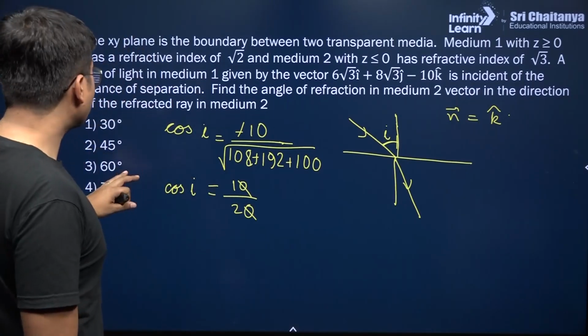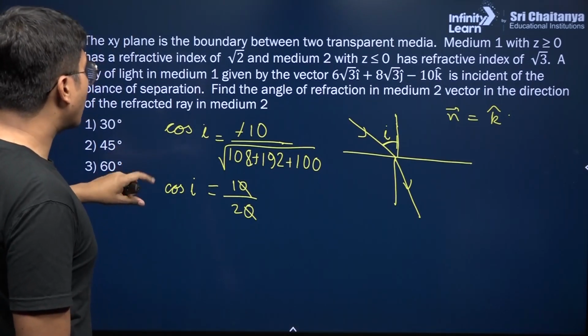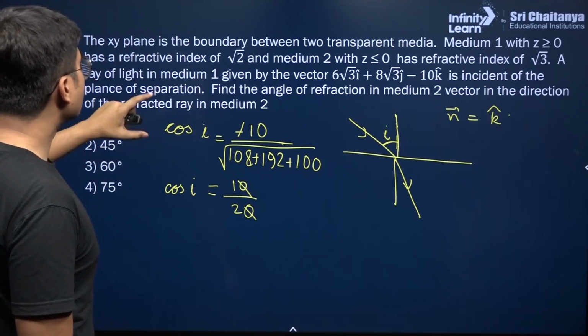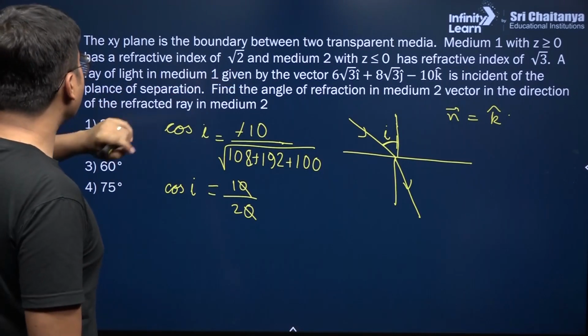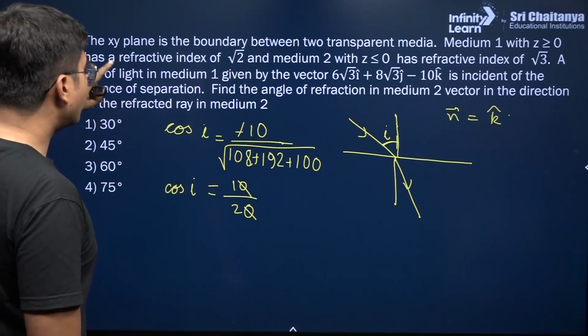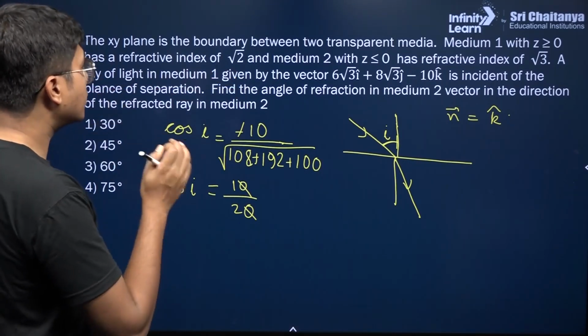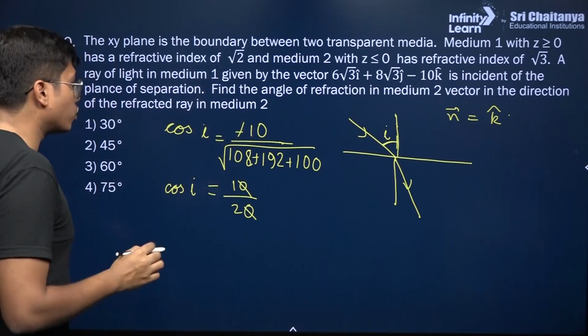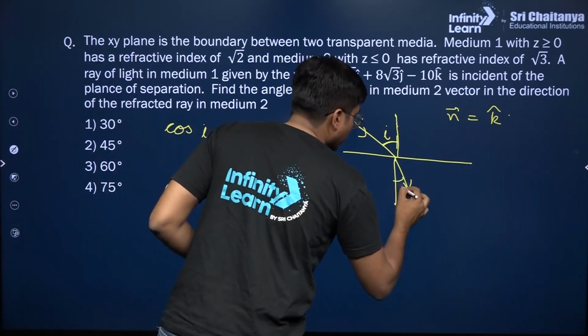Now we have the I, we next need the angle of refraction. We have been given the refractive index for each of them, and from this we have to figure out what the angle of refraction is going to be. We need this R over here.